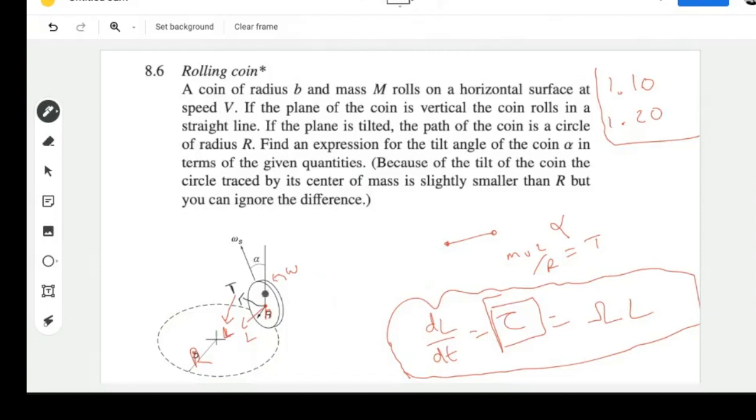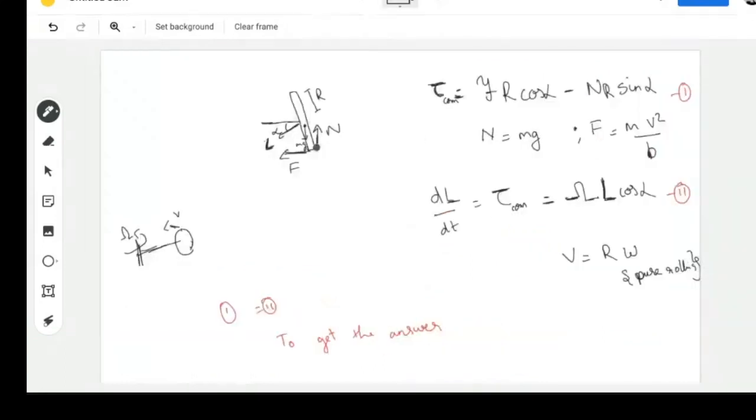So basically, there's a normal force over here, there's mg, and there's a force towards this direction. Now the force towards this direction is nothing but mv square by r, obviously, because it's moving in a circle.